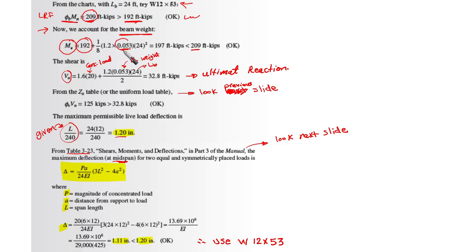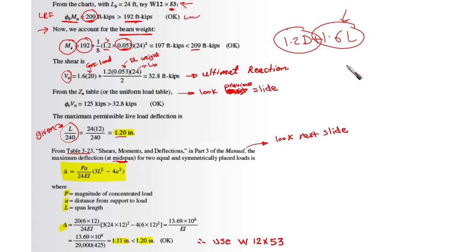The weight is 0.053 because we are talking about 53 pound per foot. So this means 0.053 if we're talking about kilopounds, times 1.2 because it is the load factor. Remember, 1.2 dead plus 1.6 live. We already have done the 1.6 live before.